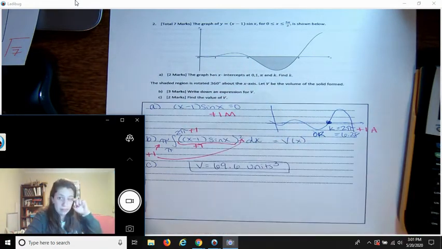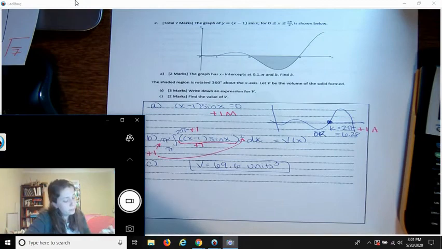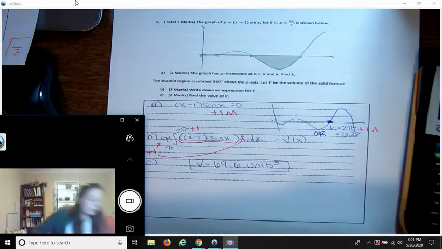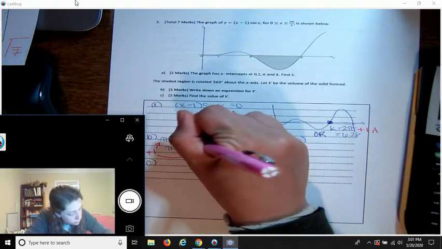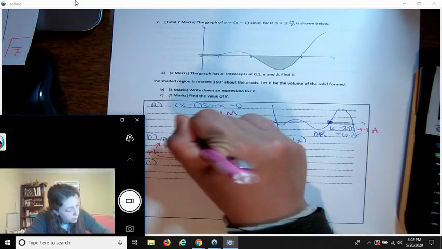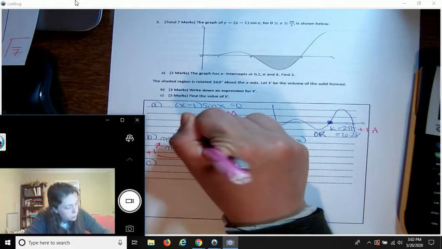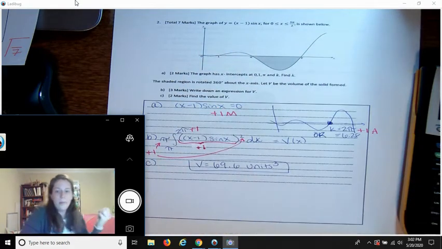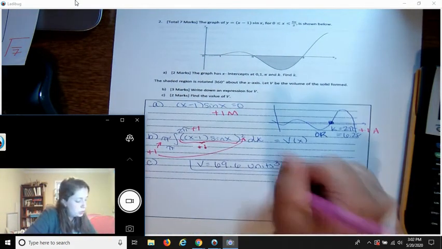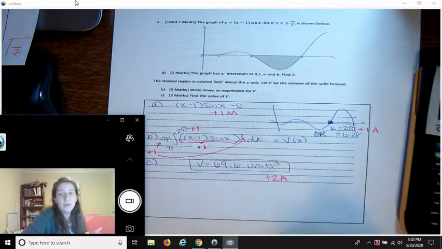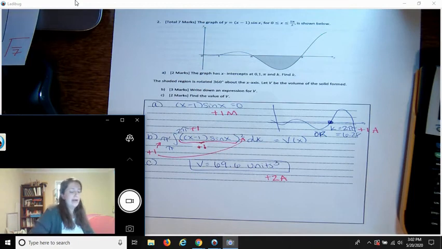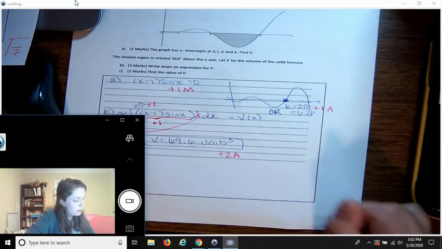Okay. And then you get +2 for your answer. If you did not have units cubed, give yourself only 1 mark. Okay. And I think I forgot to keep doing this. This is out of 7 marks.